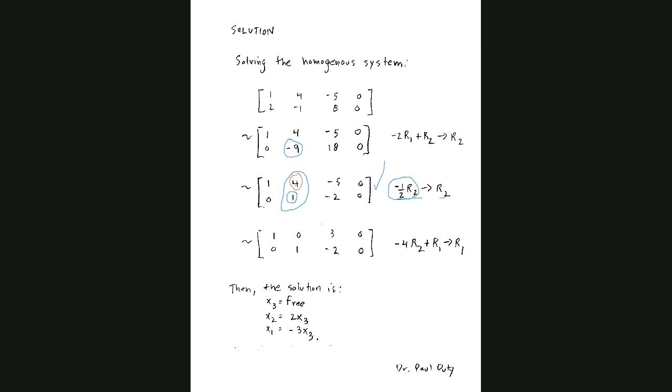Okay. So we'll take the second equation, multiply it by -4, add it to the first equation, and replace the first equation with this result. And that gets us in reduced echelon form.